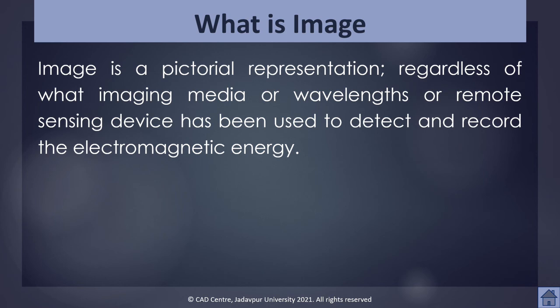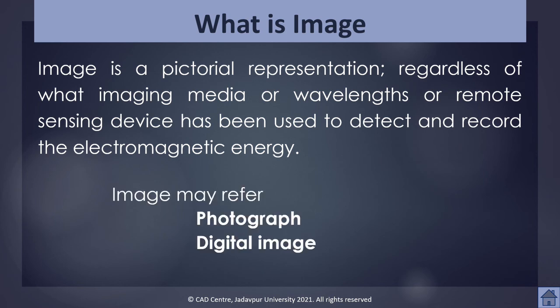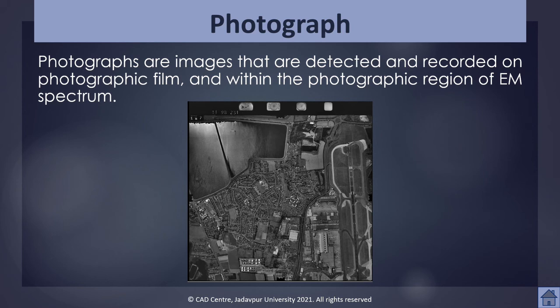Images may be of two types. One is the photograph and another is the digital image. Now, what is a photograph? A photograph refers specifically to images that have been detected as well as recorded on photographic film.